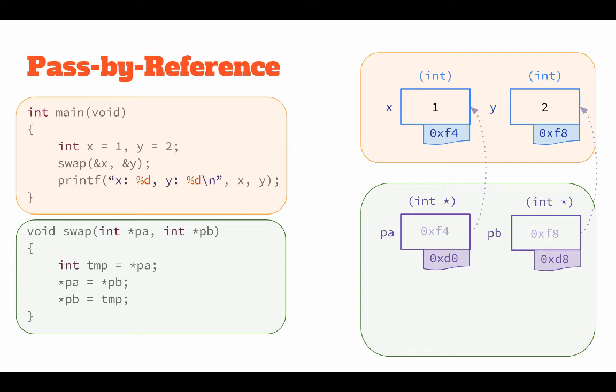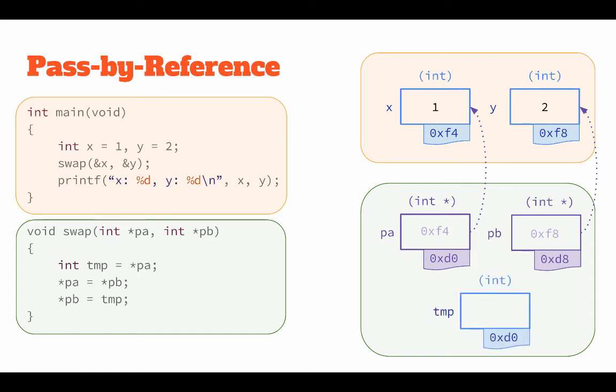And what this has done is now it says that that argument PA that we have access to in our swap function points to the actual memory slot inside of our main function for x. And PB points to the actual memory slot inside of my main function for variable y. So we've set up this little bridge so we can get from our one function memory spots into the other. So they're both sharing x and y.